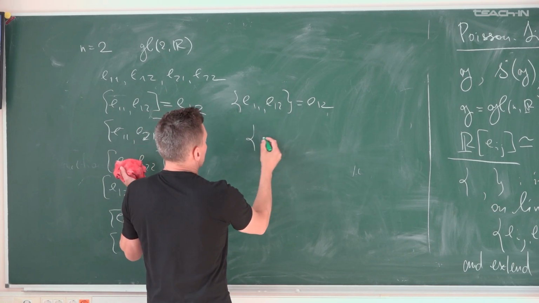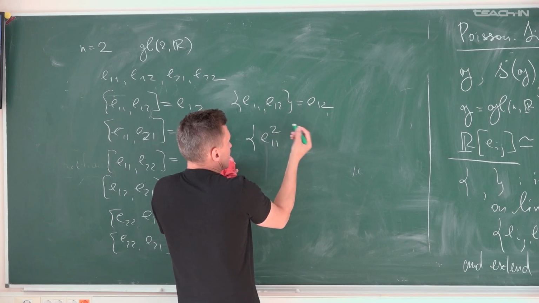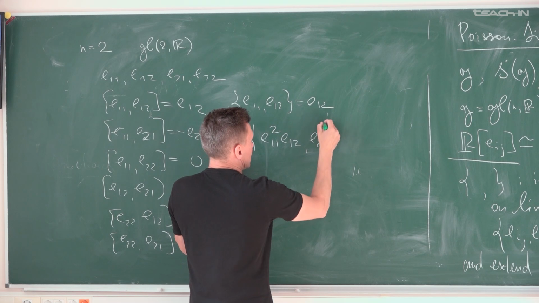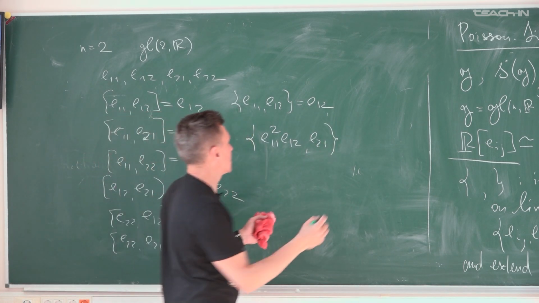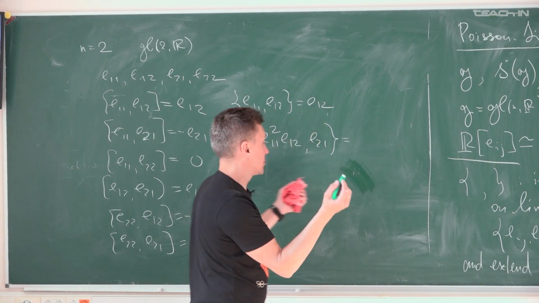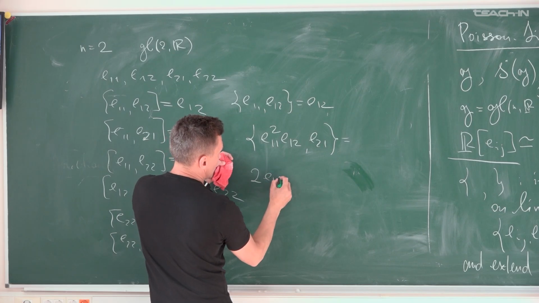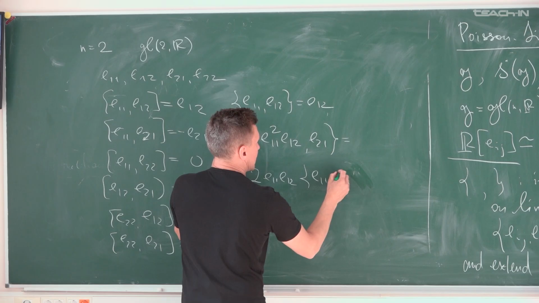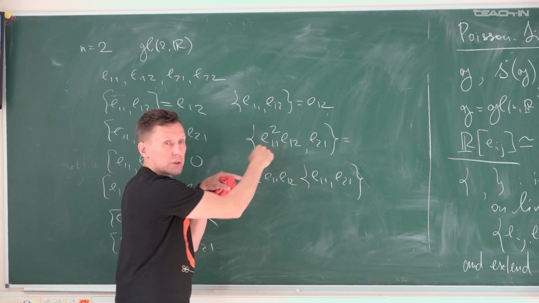For example, we have to calculate the Poisson bracket of E_12 squared with E_21. How to calculate it? By the Leibniz rule. So it is equal to 2 E_12 times the Poisson bracket of E_12 with E_21.